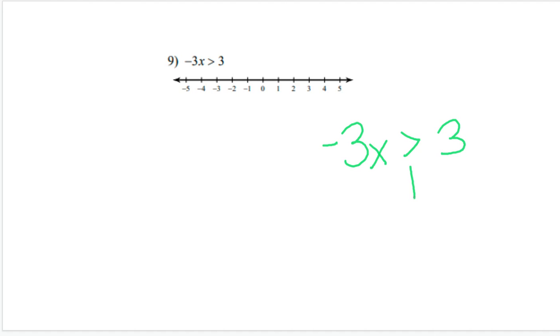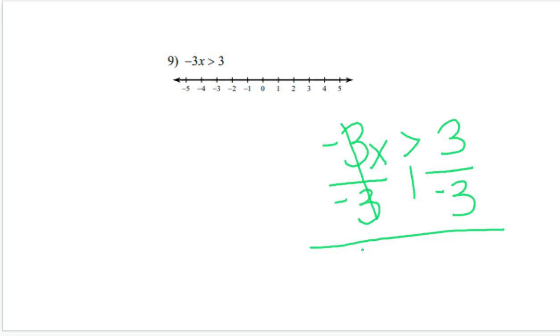So remember, the inverse of multiplication is division, so I'm going to divide both sides by negative 3. This is going to give me 1, so I bring down that x. x is greater than 3 divided by negative 3 gives me negative 1.